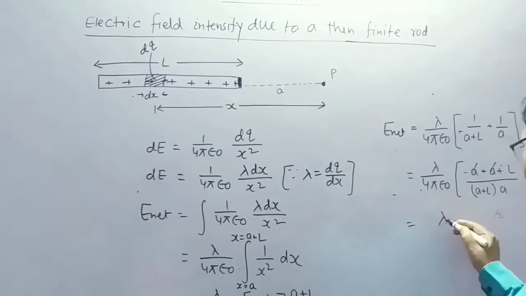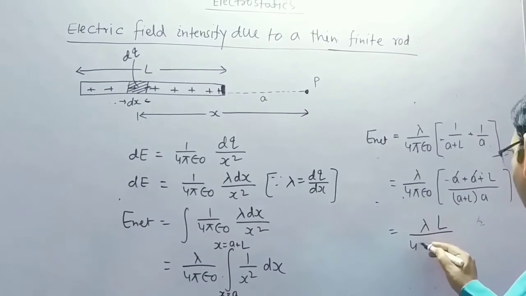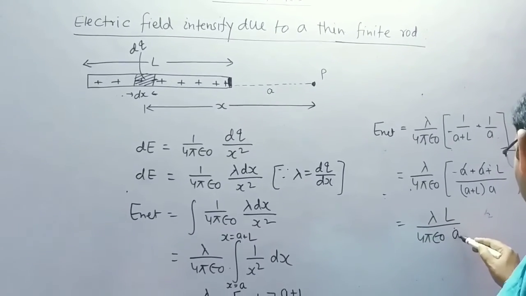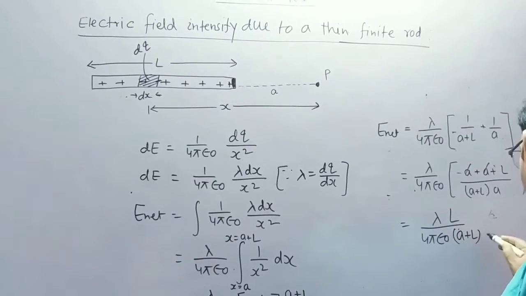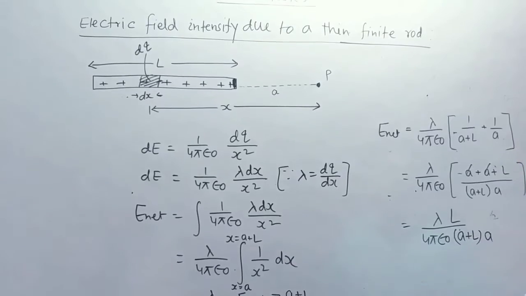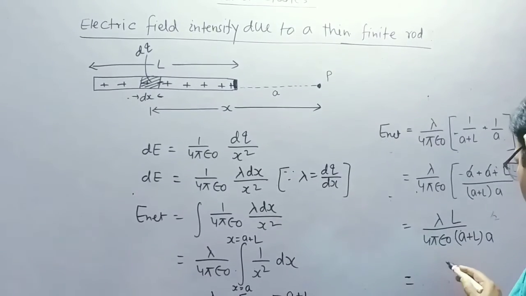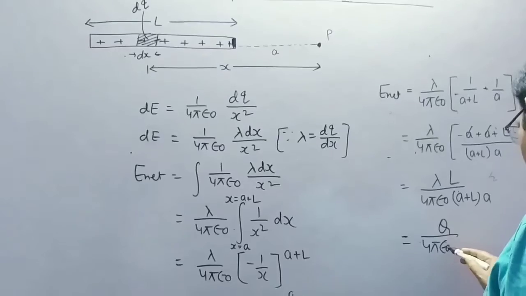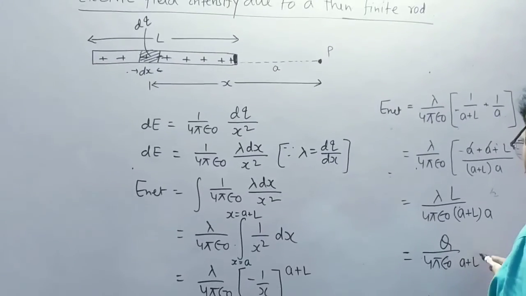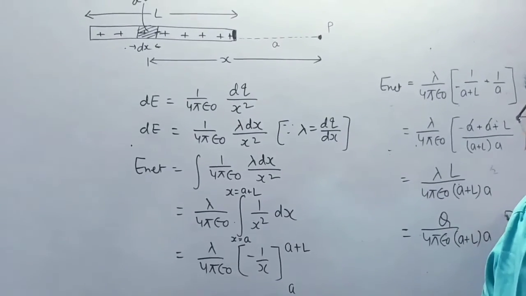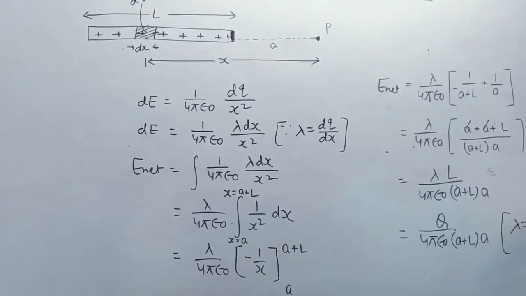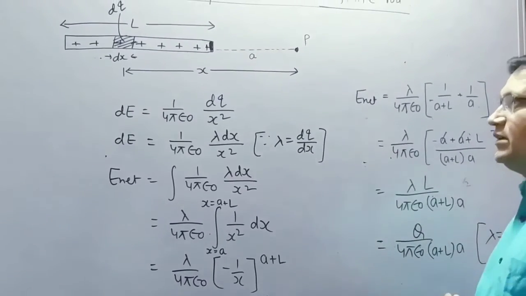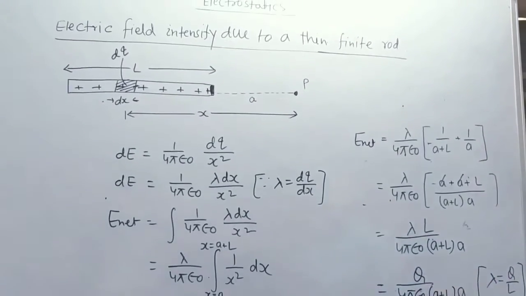We have lambda L by 4 pi epsilon into A plus L into A. Lambda L can be written as total charge, so we have Q by 4 pi epsilon into A plus L into A, because lambda is total charge by total L. So that is the expression for the electric field intensity at P due to a finite rod.